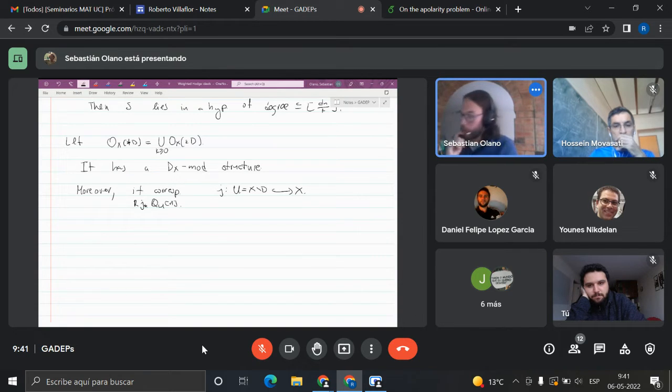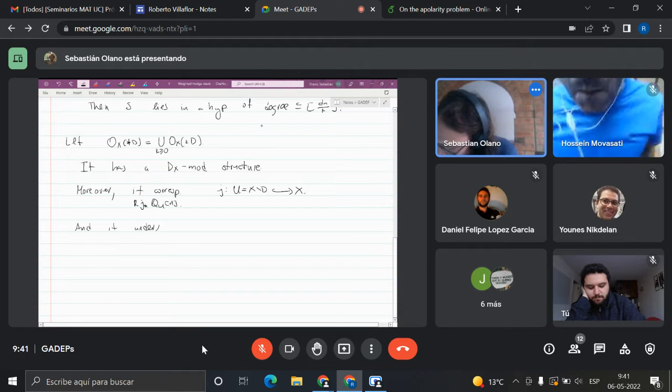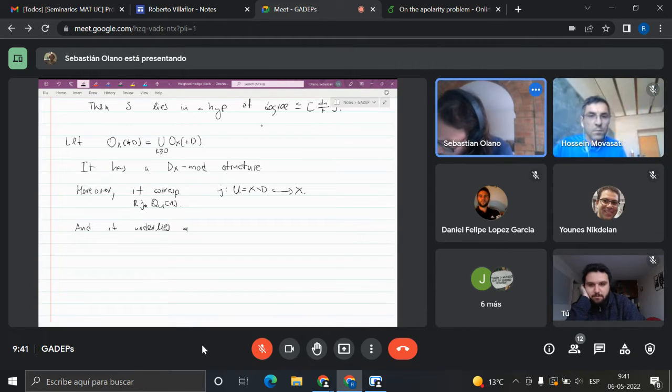Okay. And then not only because it corresponds, but because this sheaf has very nice properties, the key point is that it underlies a mixed Hodge module.